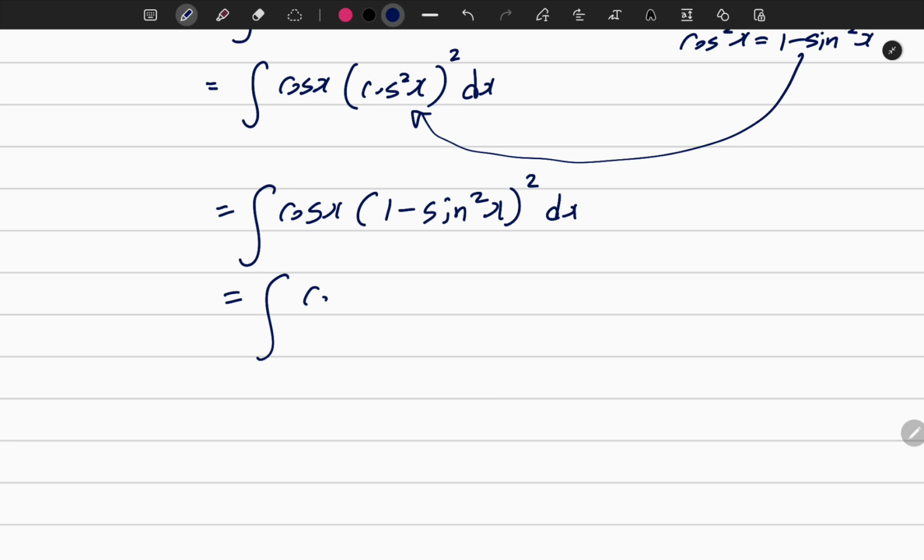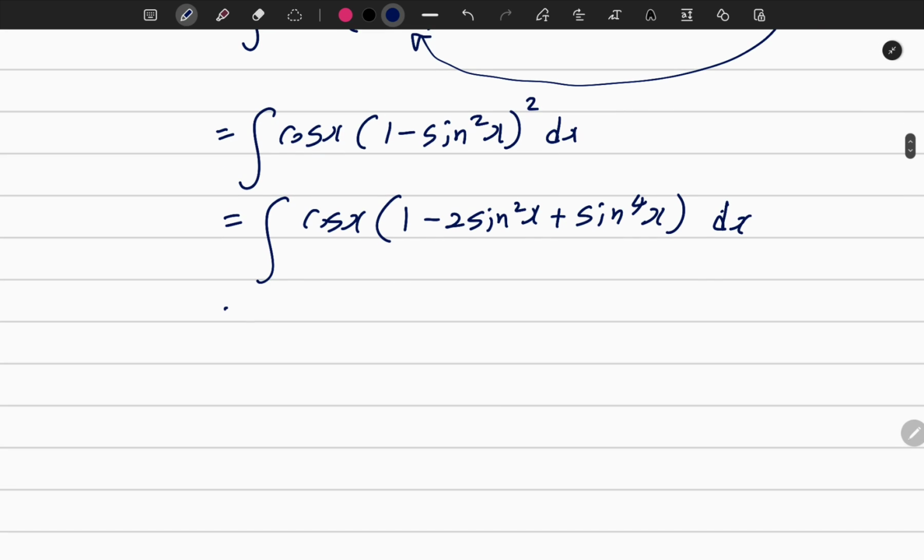So this is cos x. Now I have to solve this thing, right? So actually simplify this thing. So this is 1 minus 2 sin square x plus sin 4x dx.